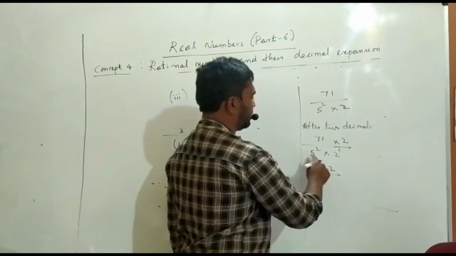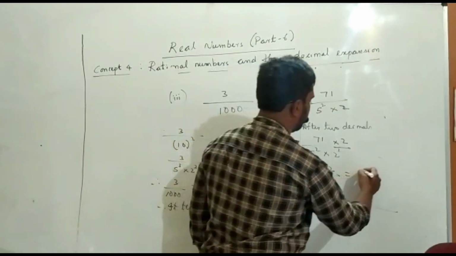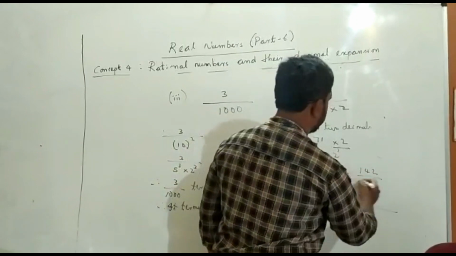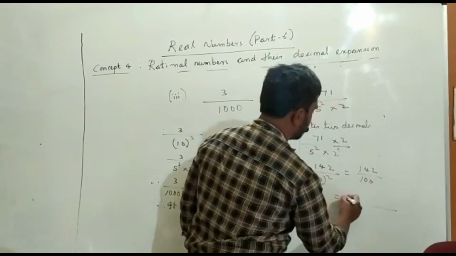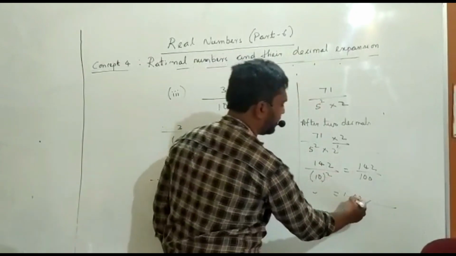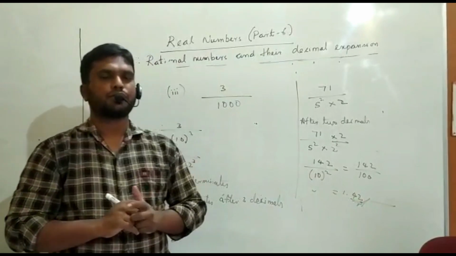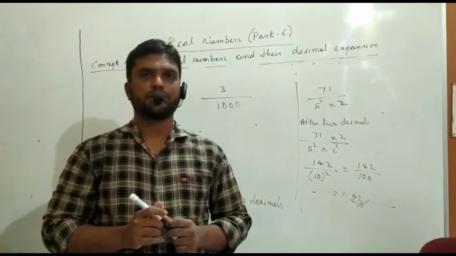It becomes 5 into 2, 10, 10 square. 142 by 10 square, which is 100. The answer is 1.42. It terminates after 2 decimals. So this is the way to solve the problems.